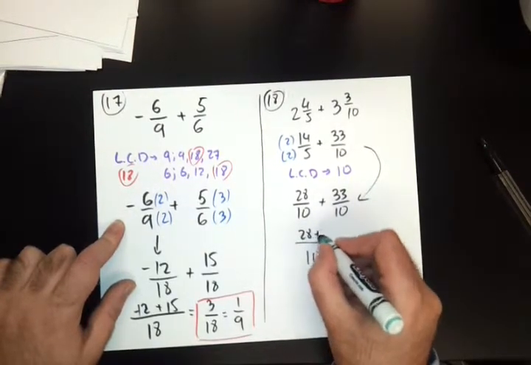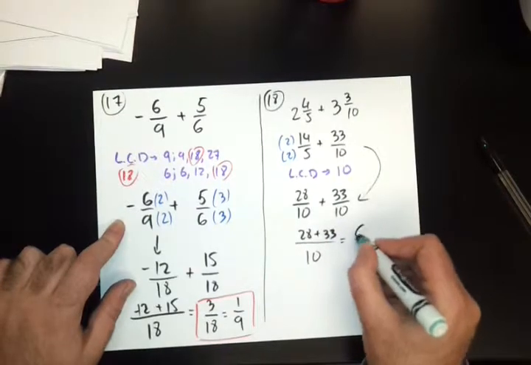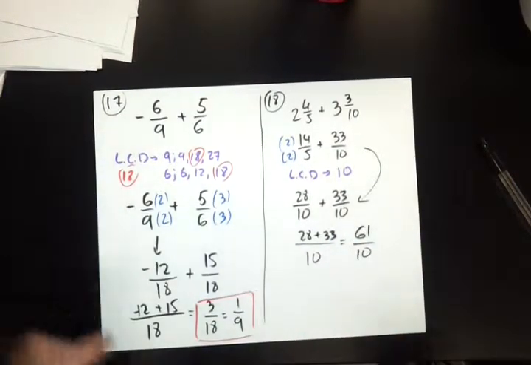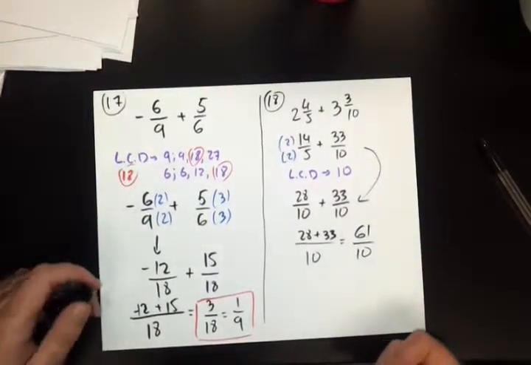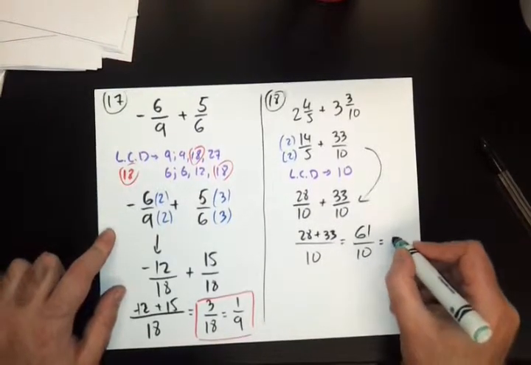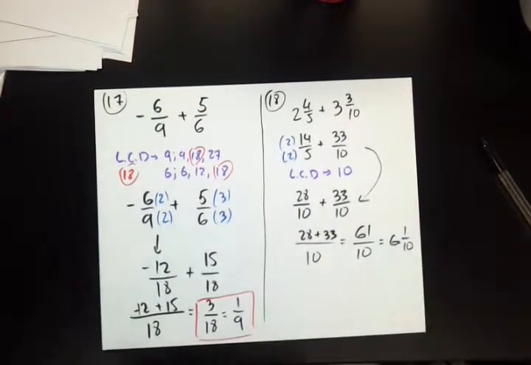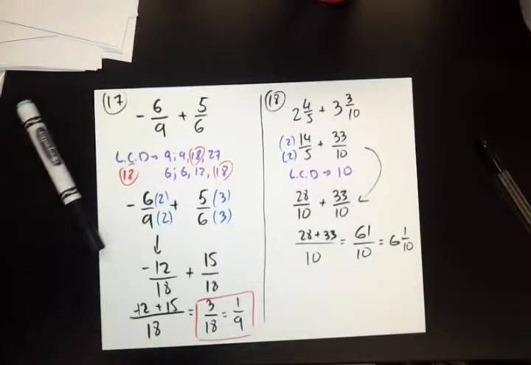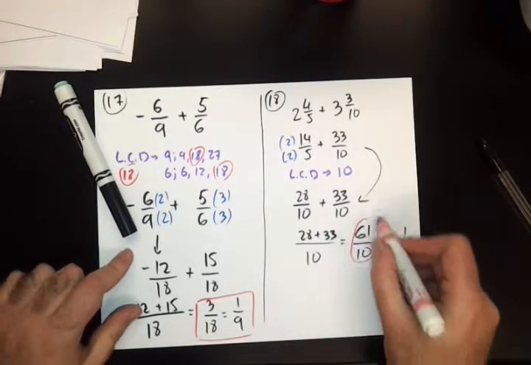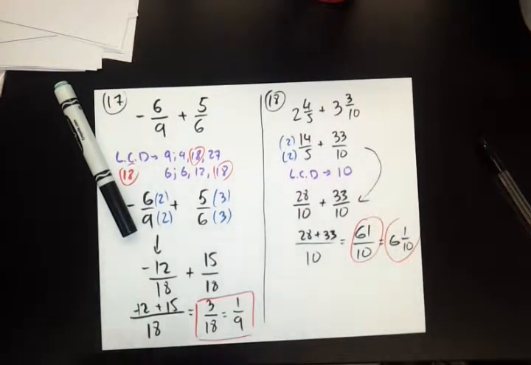You have 28 plus 33, which is 61 over 10. You can, of course, convert that into a mixed number if you so please. It's 6 1/10. You don't have to. Either way, I'll be happy with either this answer or this answer. So that's 18.